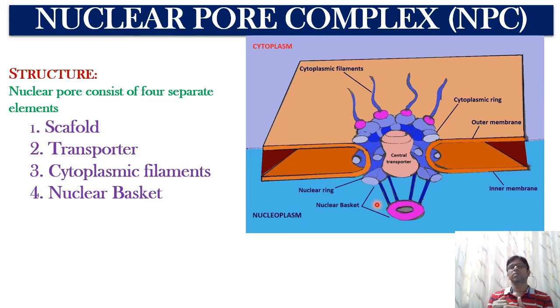They extend between the nucleoplasmic ring and the smaller ring within the nucleus, which measures about 60 nanometers in diameter. This nuclear basket is involved in the transportation of RNA and proteins from the nucleus to the cytoplasm.